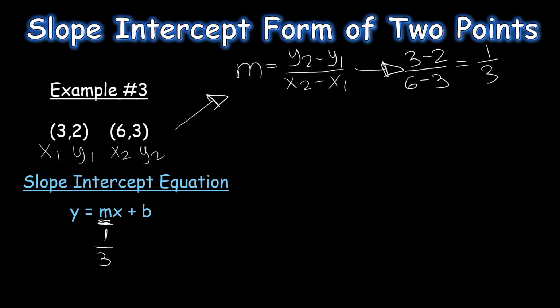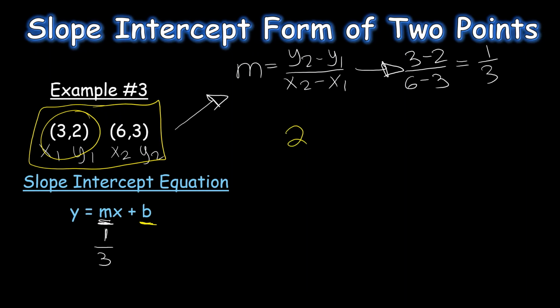Now we have to find our b value. So we take one of these given points here. I'm just going to go with the first one. So our 2 will be our y, m will be 1 over 3, and x will be 3. And then we have plus b.